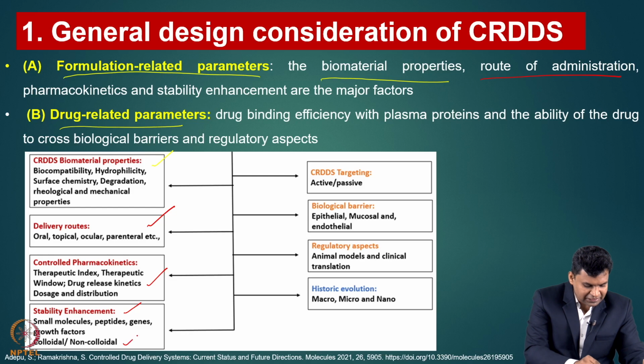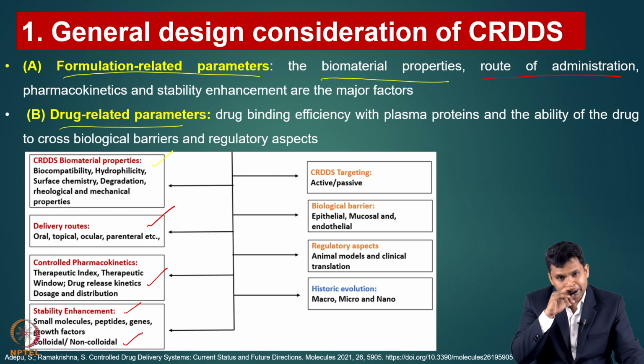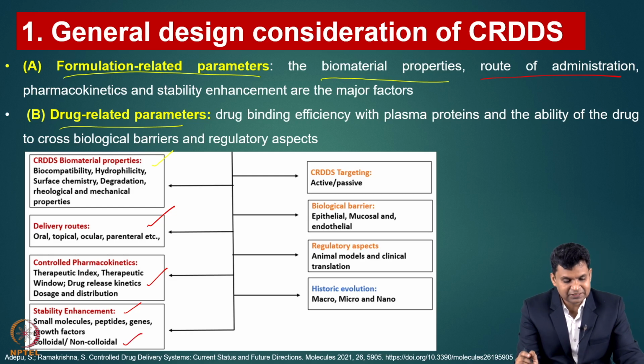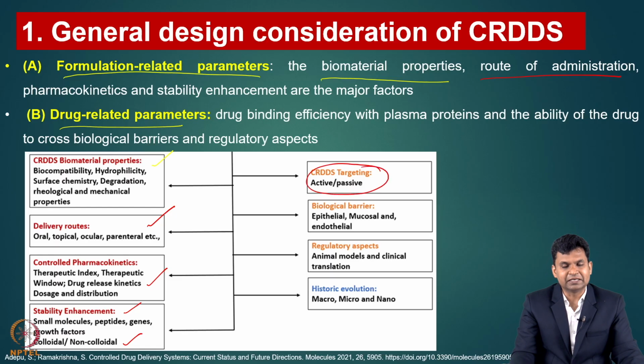And when you are taking any nano systems, that needs to be maintained. We can also focus on active targeting and passive targeting mechanisms. So, we need to consider these while designing controlled drug delivery systems.